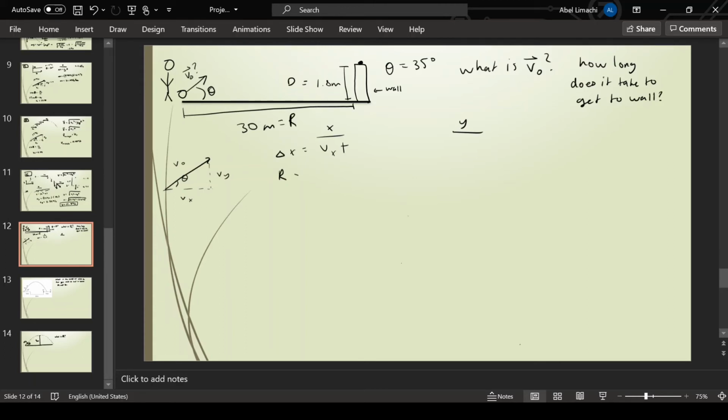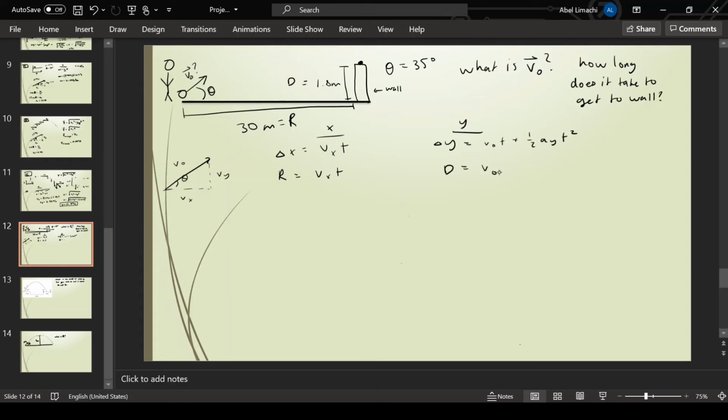So r is equal to vx t. In the y direction, we have delta y is equal to v initial t plus 1/2 ay t squared. This delta y is d, which is 1.8.